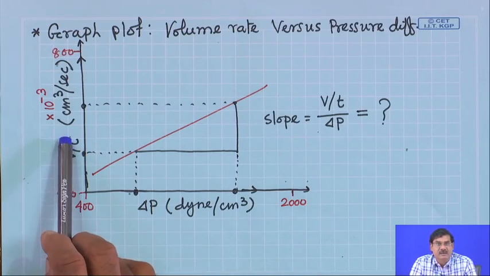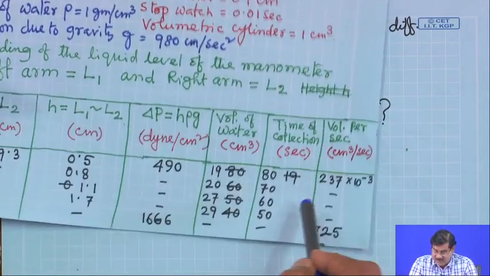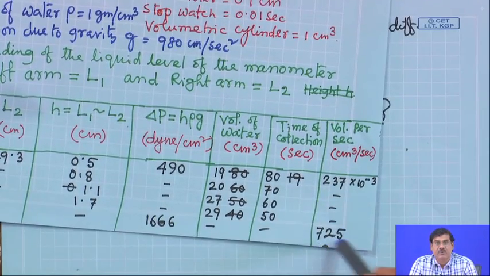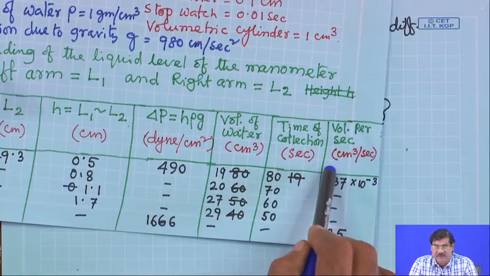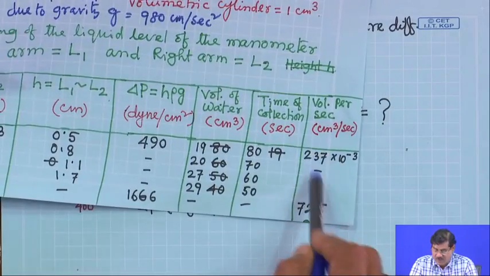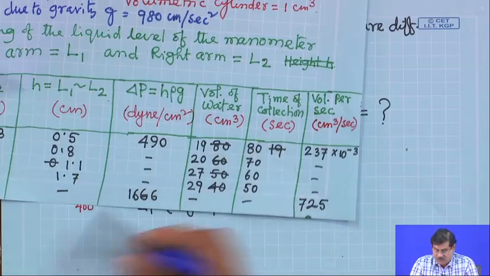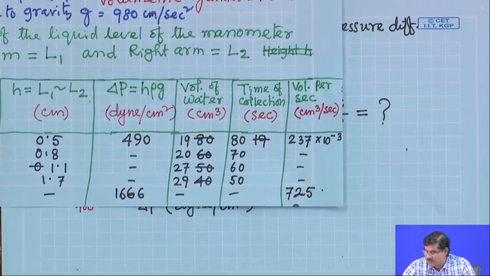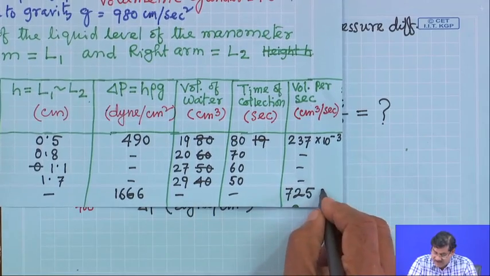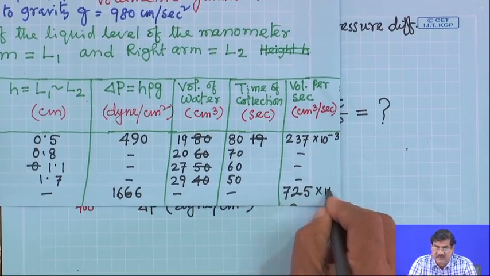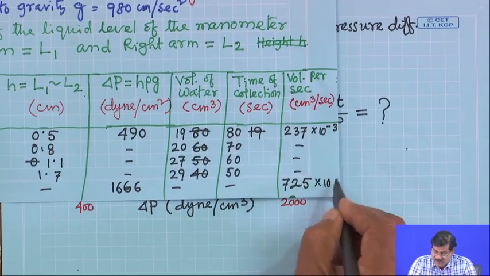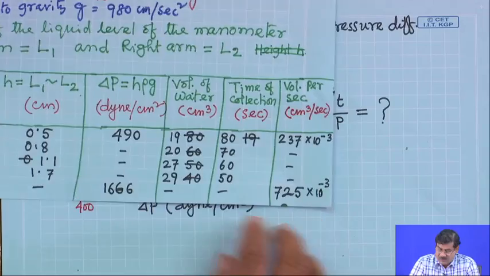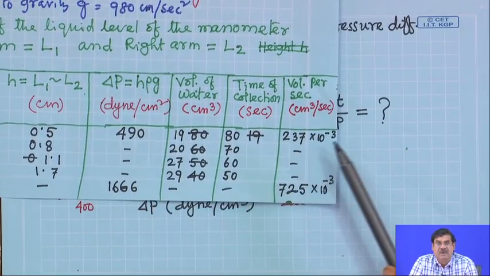Similarly for the y axis. What was this? It was 237 to 725, so I have taken the scale from 200 to 725. Of course, it has to be 10 to the power minus 3. Now all this data has this 10 to the minus 3.